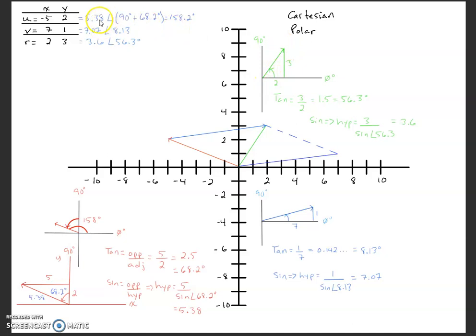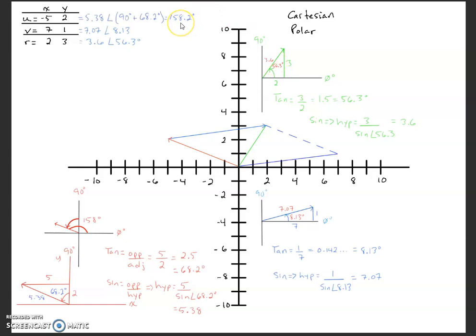So if we add these up, now we have, for the first one, 5.38, angle 68.2. Yeah, 7.07, 8.13, and 56.3 degrees, and a magnitude of 3.6.